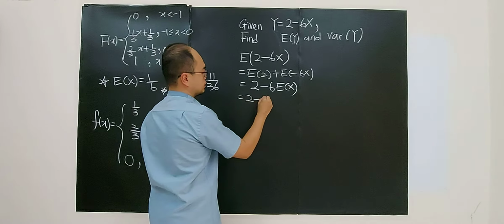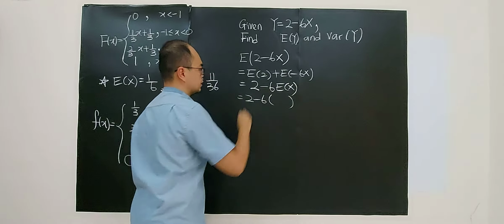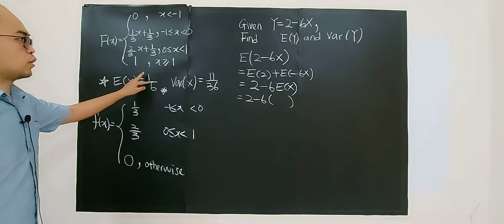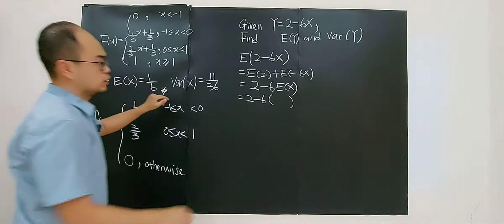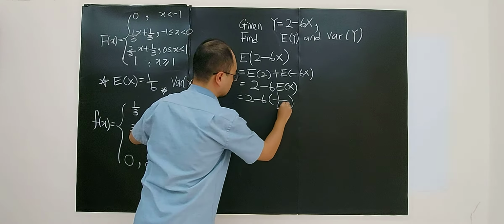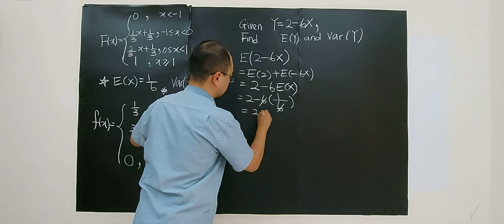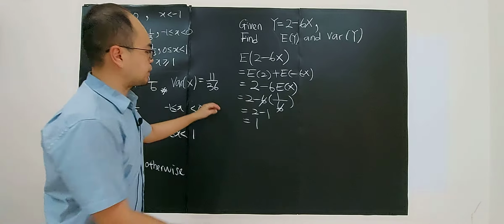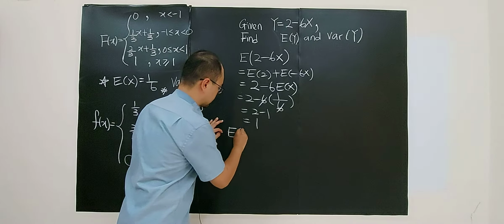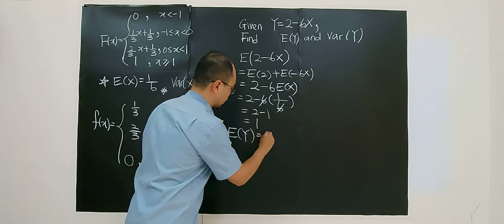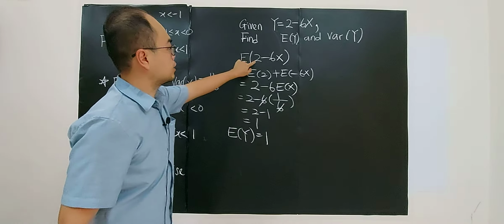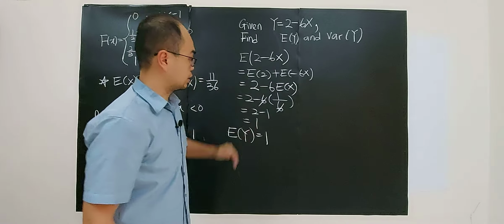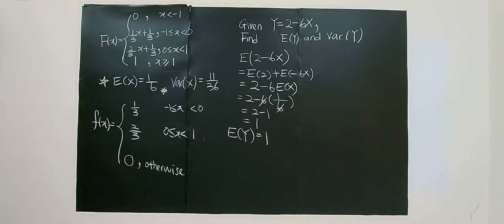So what is E(x) here? The expected value of x is 1 over 6. So 1 over 6 cancels off, and we're getting 2 minus 1, which gives us the value of 1. Means that the expected value of y is 1, because y is 2 minus 6x.